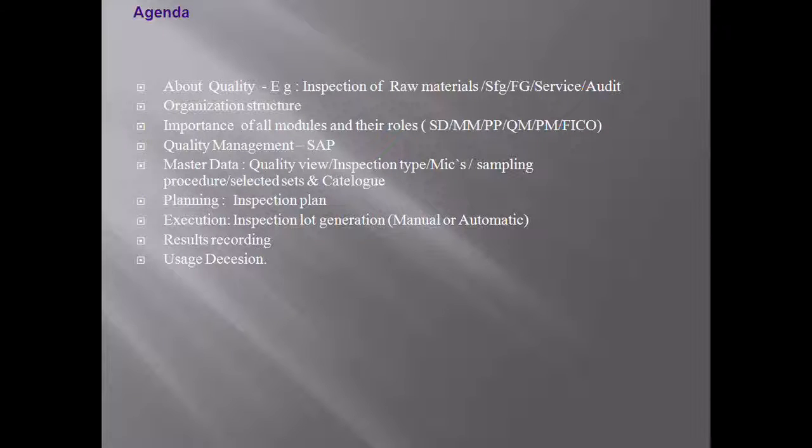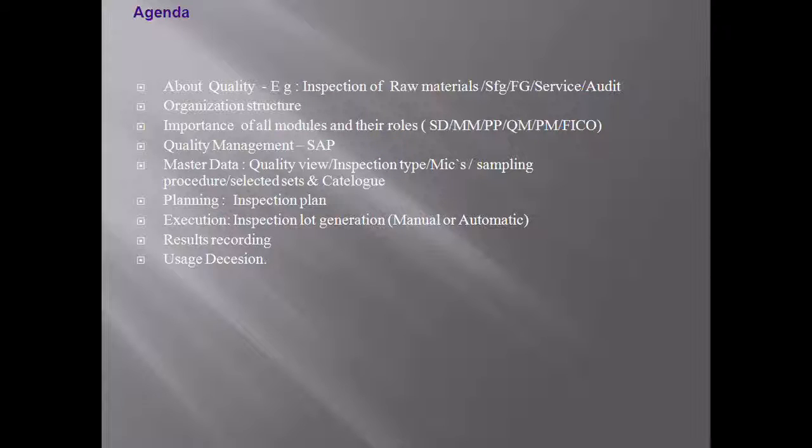Now the organization structure, importance of all modules and their roles: SD, MM, PP, QM, PM, FICO. And quality management in SAP will have master data, that is quality view. Whenever we are creating material master, we have to choose quality view, and we have to set an inspection type, whether it is incoming or in process or final.